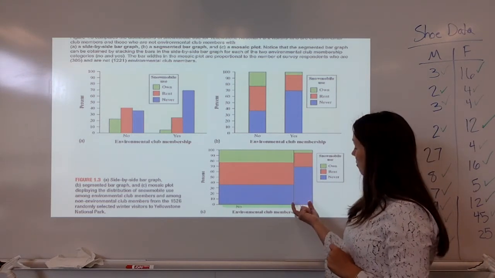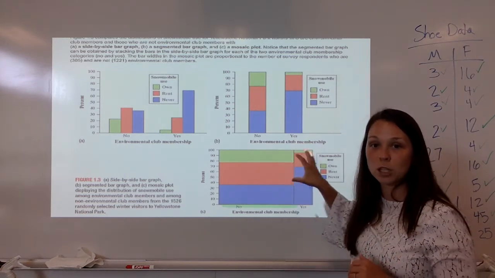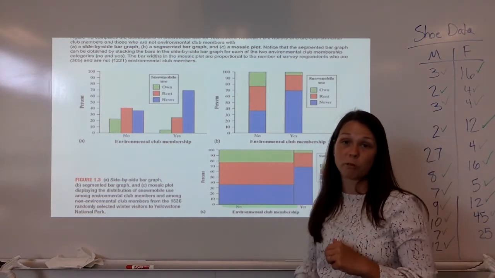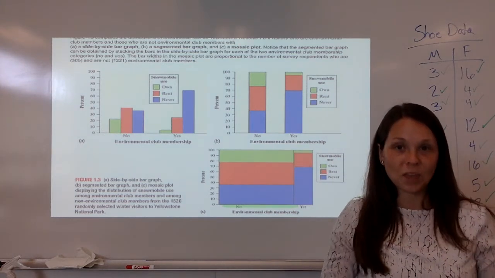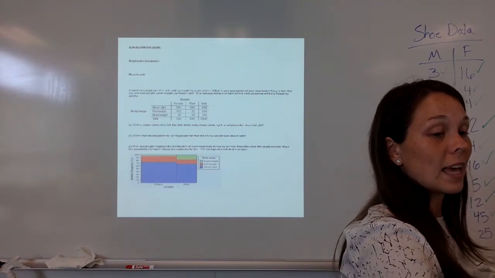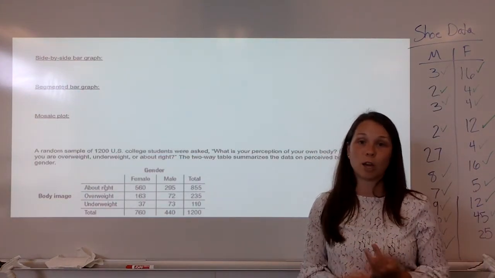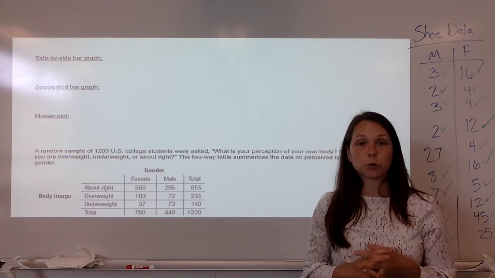And then there was very few people that said yes. And so mosaic plot gives you the same information, but even a little bit more information than the first two do. At this point, you should be able to, on the next page, fill in the definitions of side-by-side, segmented bar graph, and mosaic plot for you to refer back to.